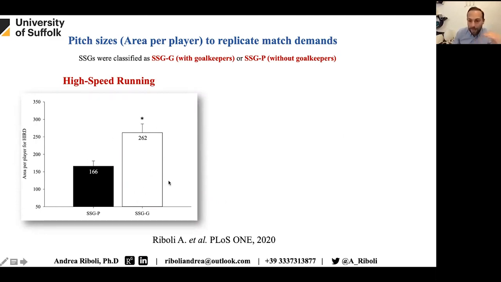The white bar highlights that we need to use about 260 square meters per player to replicate high-speed running using small-sided games with goalkeepers. We found a significantly higher area per player using goalkeepers due to a higher tactical organization that decreased the external load demands and so requires a greater pitch size to replicate match demands using small-sided games.